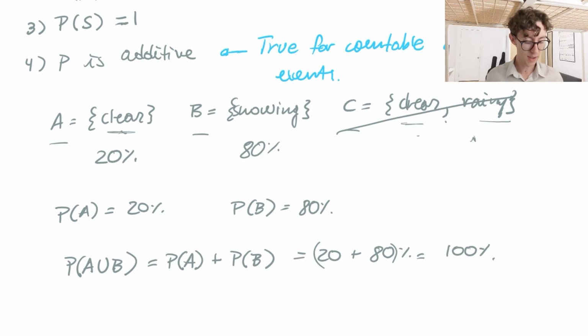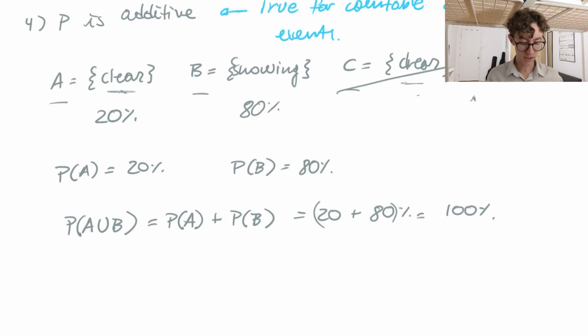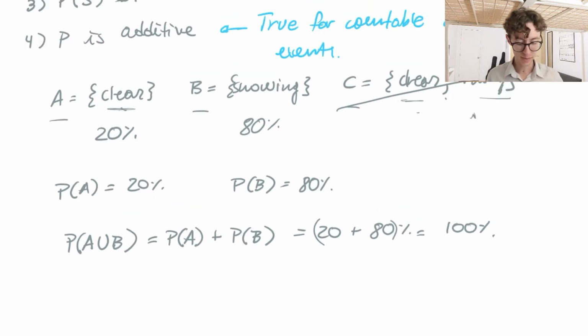So this here is if our sample space was only clear or snowy, right? So we're not looking at the same sample space as before. But this is what I mean by the fourth property, saying that P is additive.